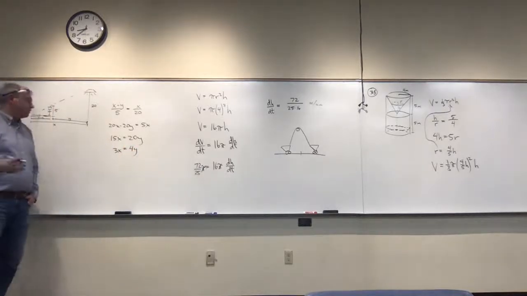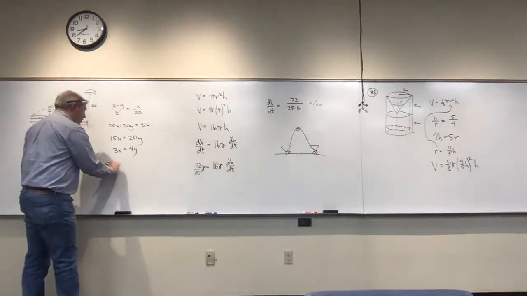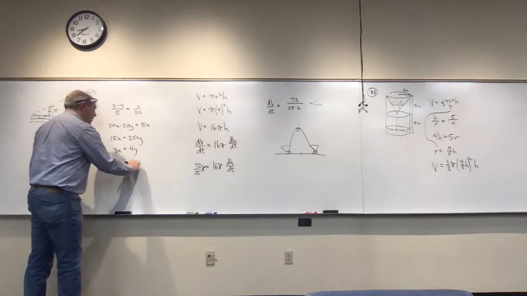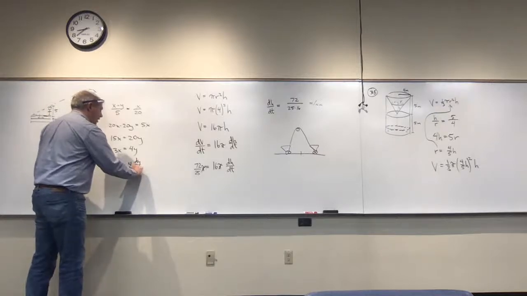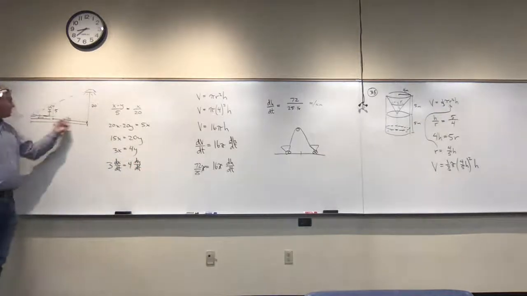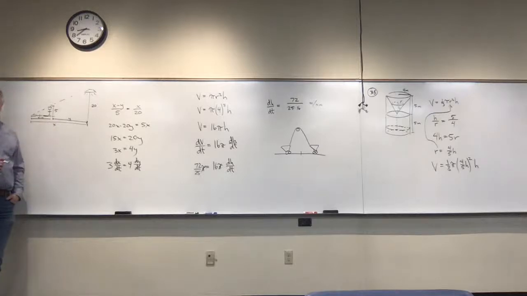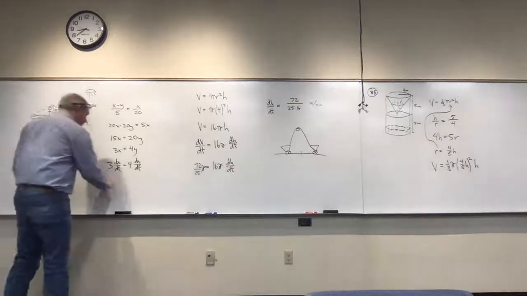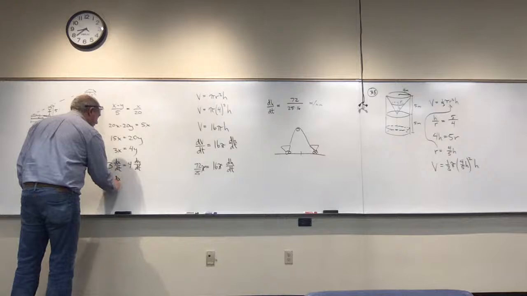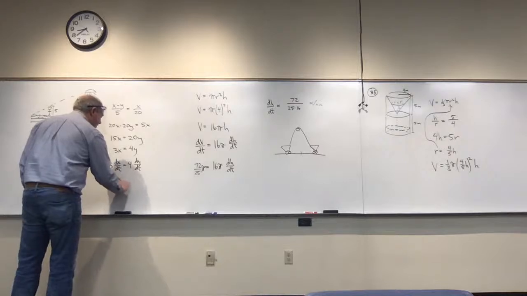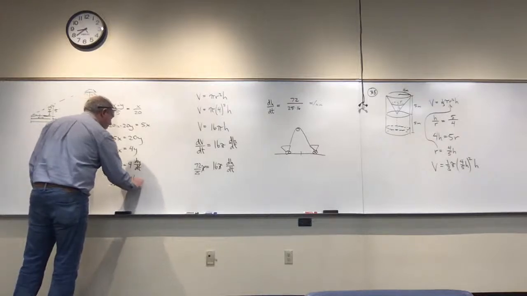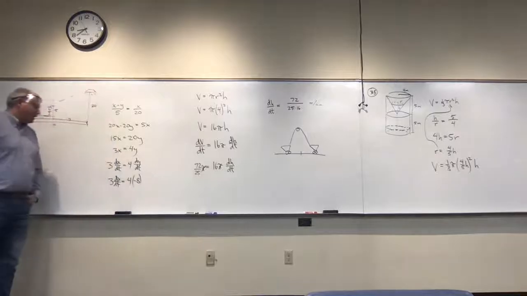Now I could take the derivative of both sides. You get 3 dx/dt is equal to 4 dy/dt. I still know what dy/dt is, right? It's -8. So I can plug that in and I get 3 dx/dt is equal to 4 times -8.